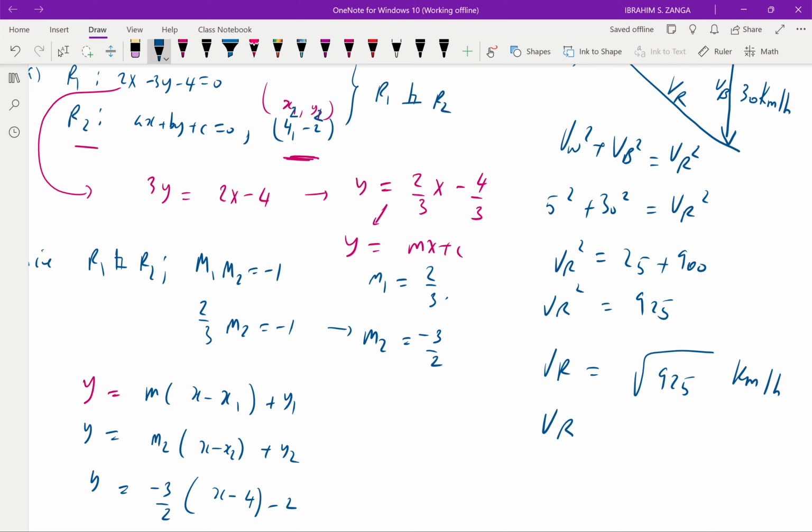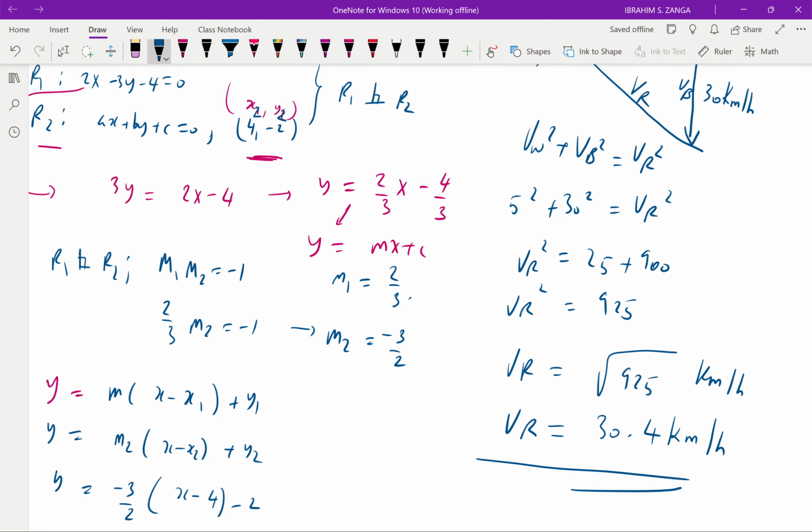So the square root of 925, dear friends, you get 30.4 km per hour.